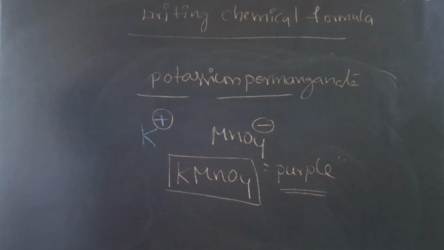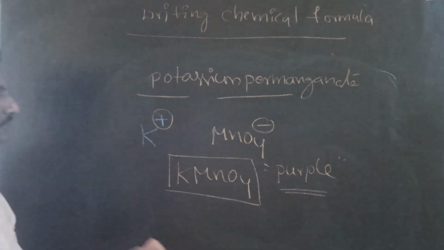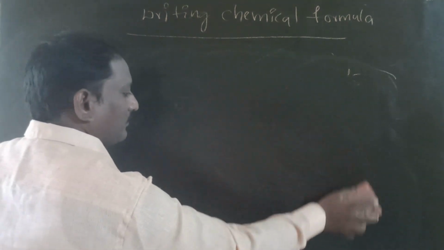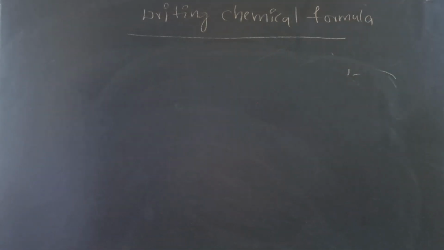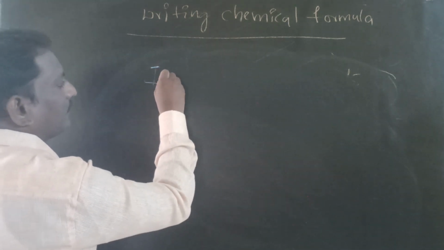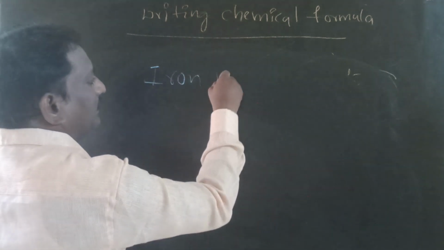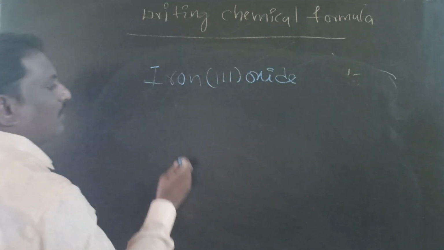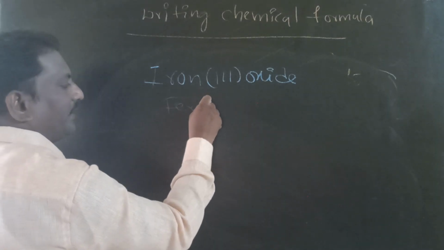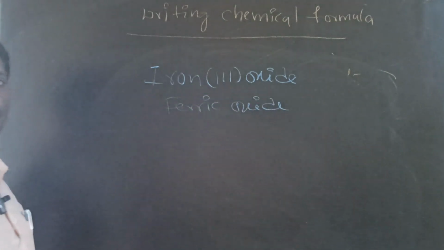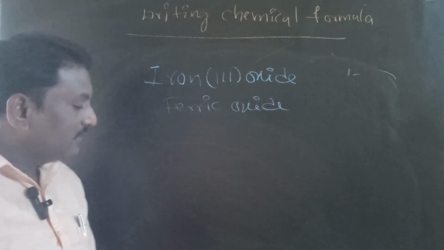Next one, iron 3 oxide, also called ferric oxide.